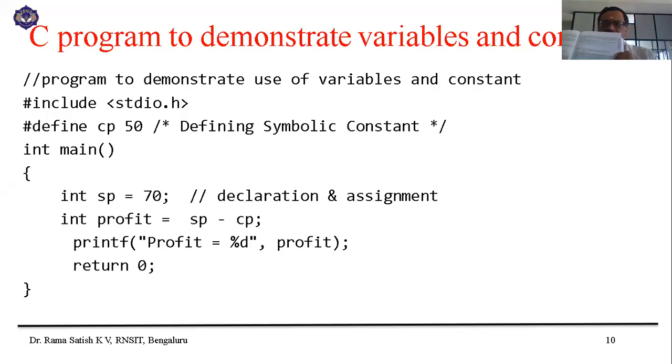What does this program indicate? You are including the header file stdio.h. You are creating a constant CP, its value is 50. This type of constant we call a symbolic constant.